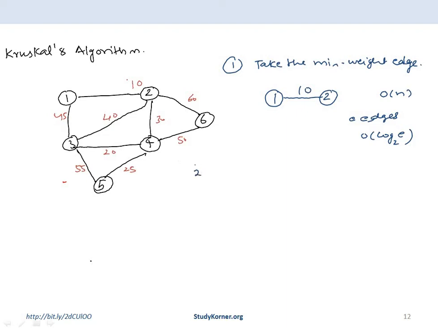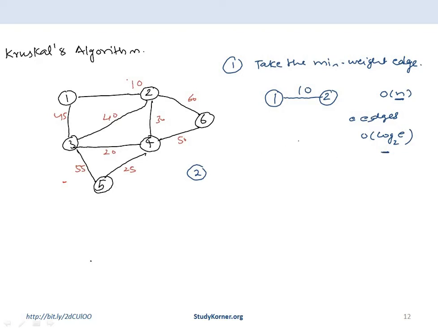Either I use the min-max algorithm, which will take order of n time, or if I use a min heap approach, then it will take order of e log base 2 time. Either way I can make a choice, and I will always make the good choice, so I should choose the heap approach here.